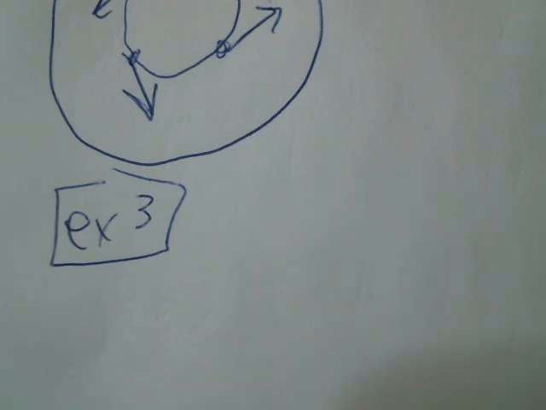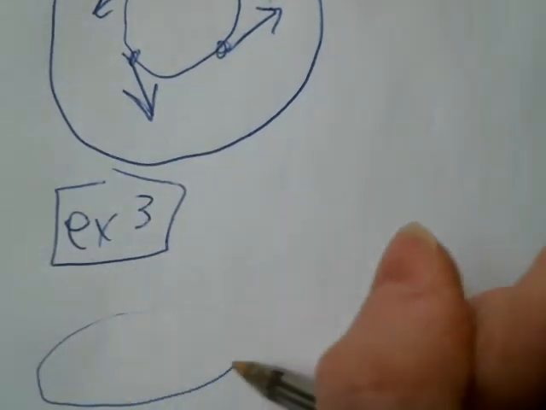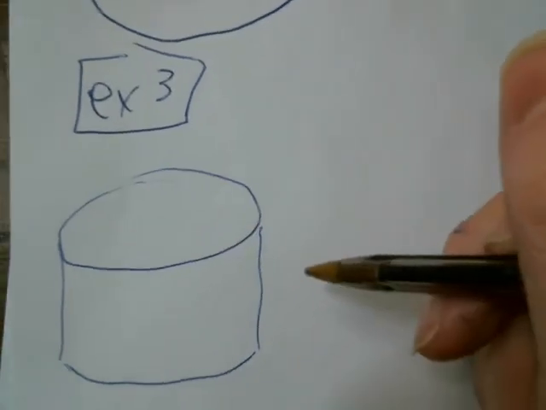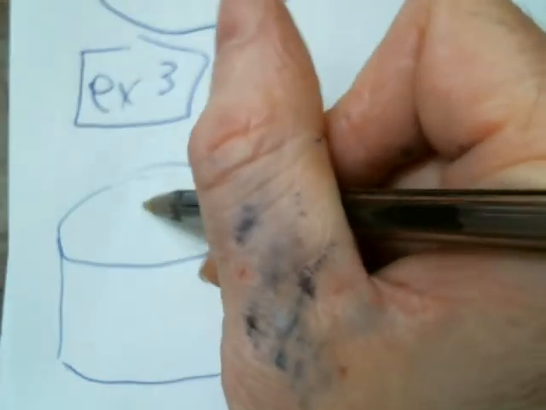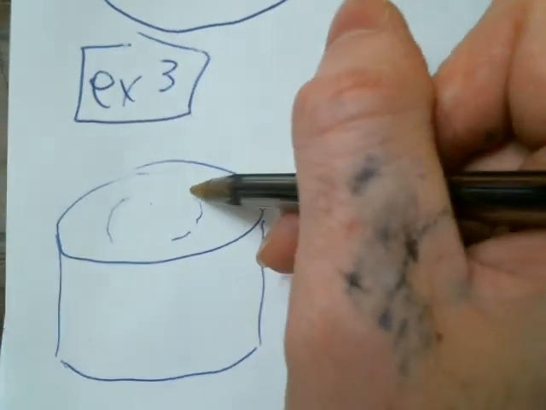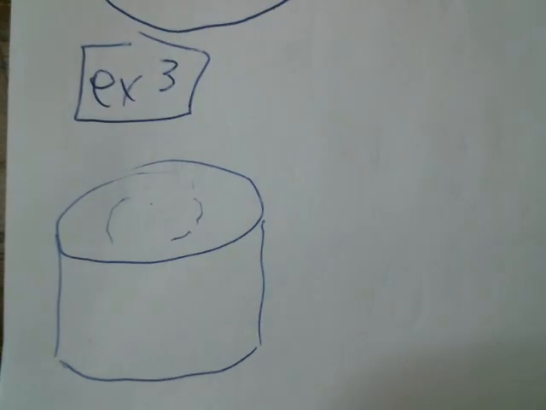So anyway, example 3 from the old book is the deal. What you have is, literally, a coffee cup. In this case, it's a cylinder. And then you're trying to figure out the curl at the top of this coffee mug. Or, well, for us, it won't be the curl.